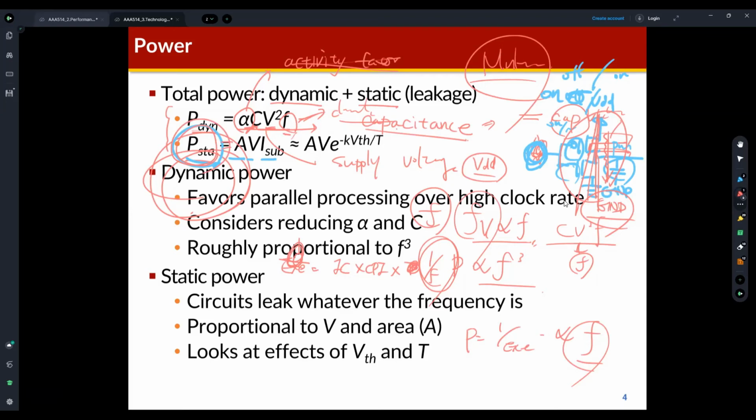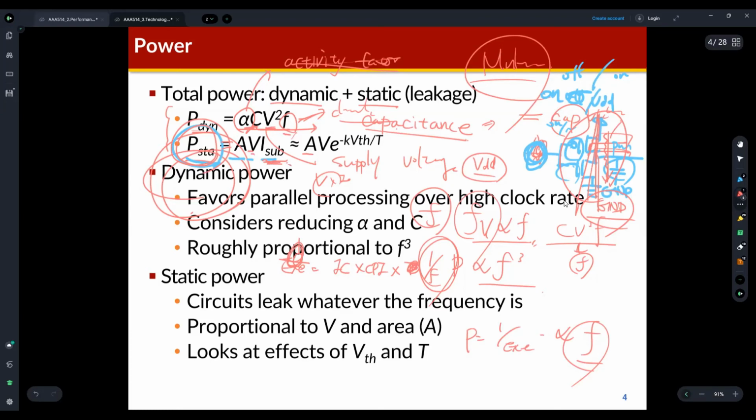This current is called the substrate current, I sub. The power equation is the voltage multiplied by the current. VDD is the supply voltage, and this is the substrate current. So the static power is determined by the supply voltage and the substrate current.